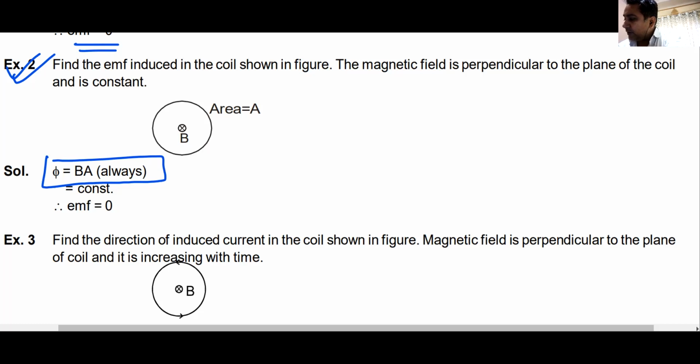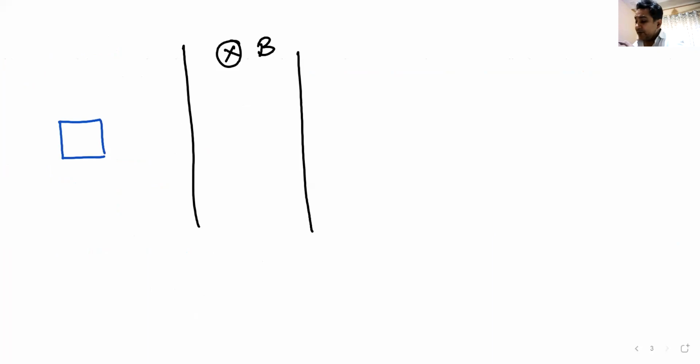I have two lines here. In between these two lines, there is magnetic field B. Now I have a rectangular loop of wire which I am going to move with a constant velocity V. This is position A. This is position B, where it has entered the field.